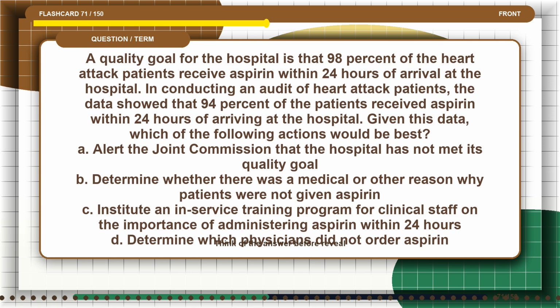A. Alert the Joint Commission that the hospital has not met its quality goal. B. Determine whether there was a medical or other reason why patients were not given aspirin. C. Institute an in-service training program for clinical staff on the importance of administering aspirin within 24 hours. D. Determine which physicians did not order aspirin. Think of the answer before the reveal.